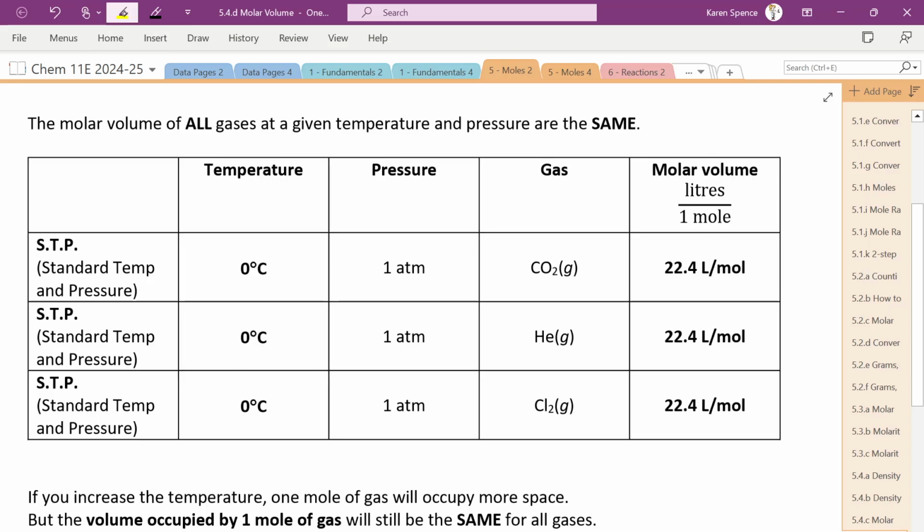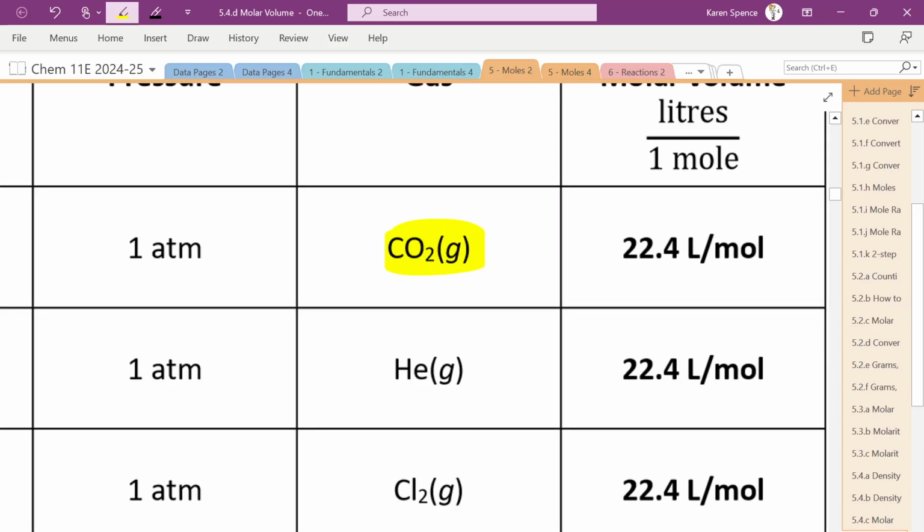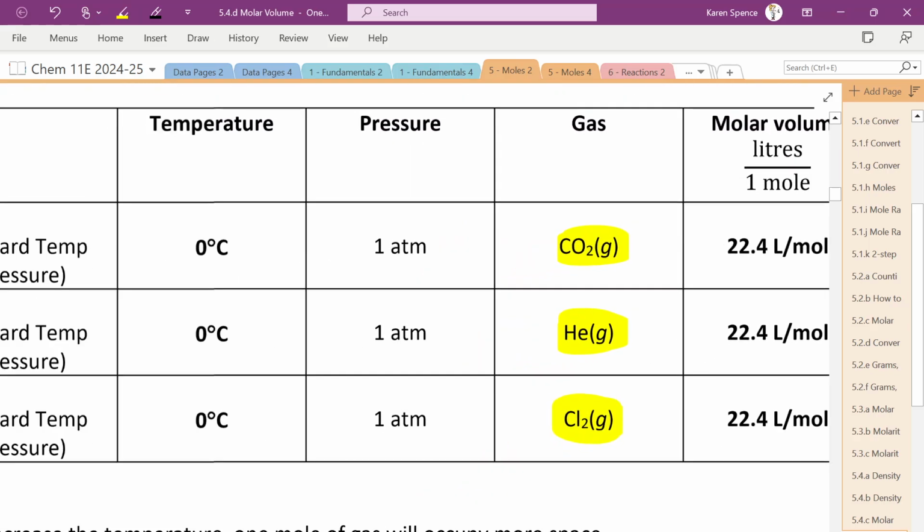Now, I think we're pretty much good with the fact that I could have carbon dioxide gas, I could have helium gas, I could have chlorine gas, and as long as I'm at 0 degrees and 1 atmosphere, what do I know about the molar volume?